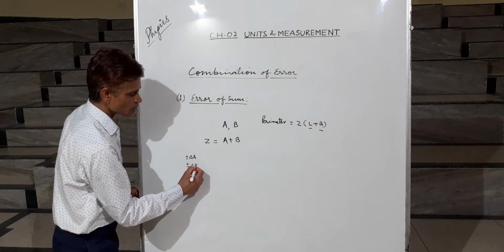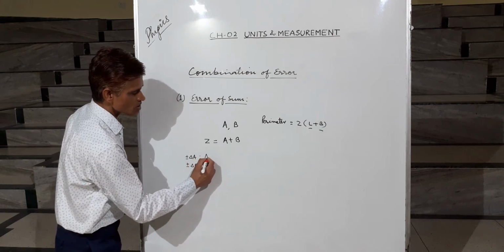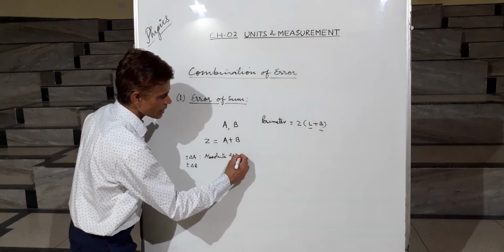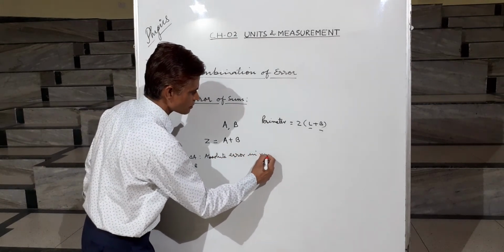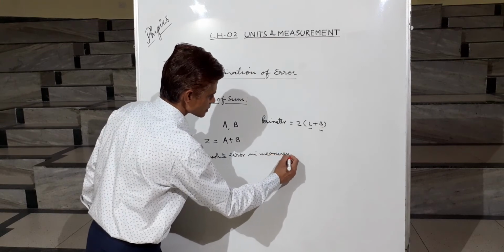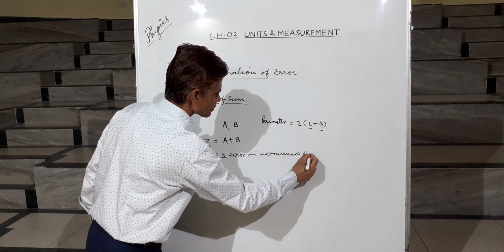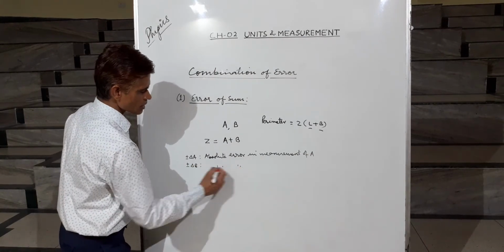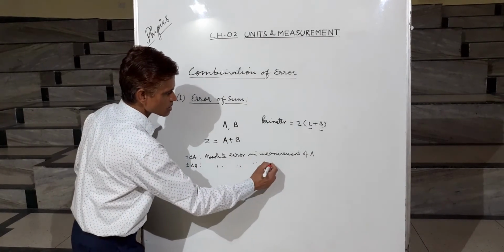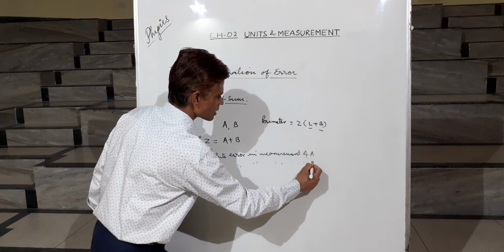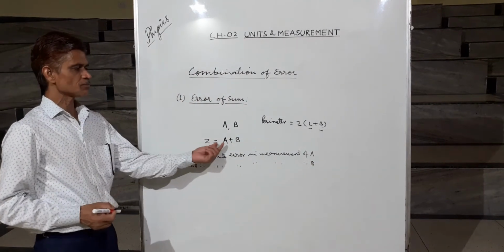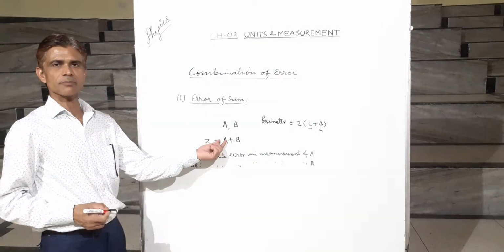So suppose that when we measure physical quantity A, plus minus delta A is the absolute error in measurement of physical quantity A. Similarly, plus minus delta B is the absolute error in the measurement of physical quantity B. So how do we write the physical quantity after the measurement?